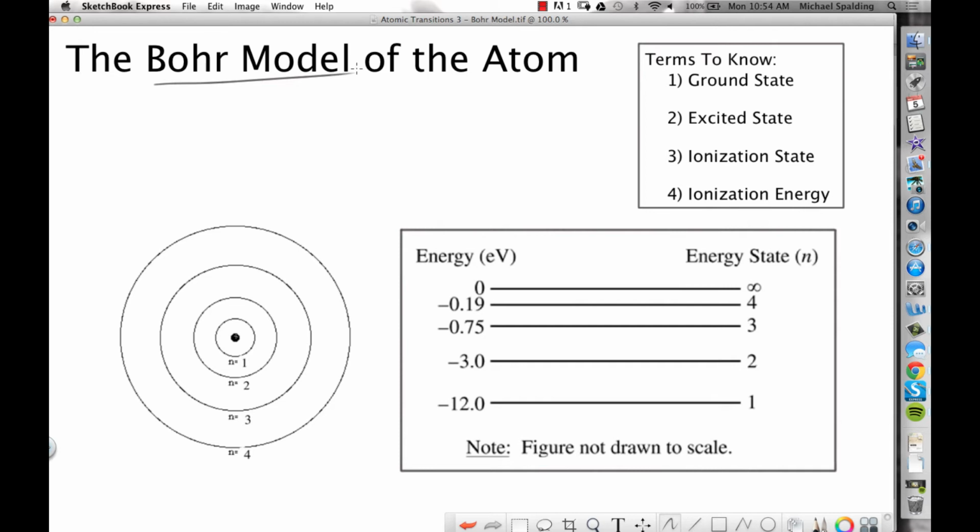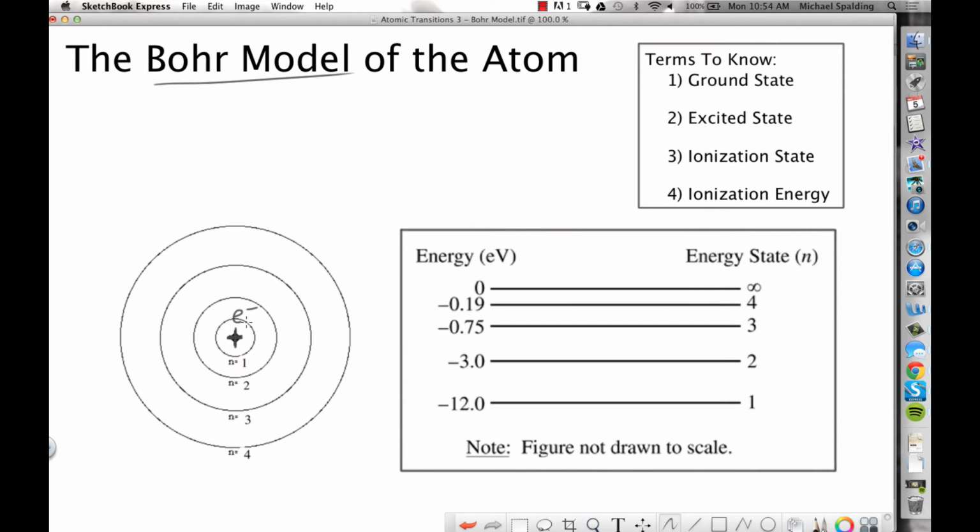What makes hydrogen the simplest of all atoms? There's only one proton, and if the hydrogen is neutral, one electron. So I want you to imagine one electron cruising around this nucleus, okay? And the nucleus has a positive charge because protons are in the nucleus.